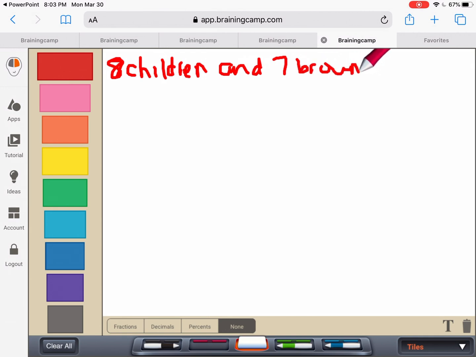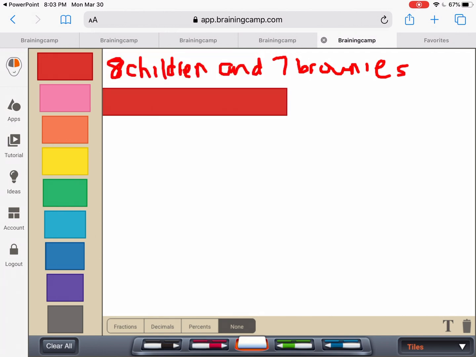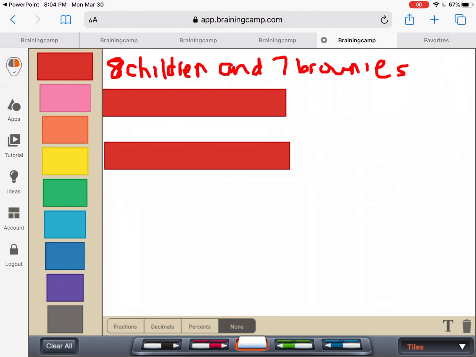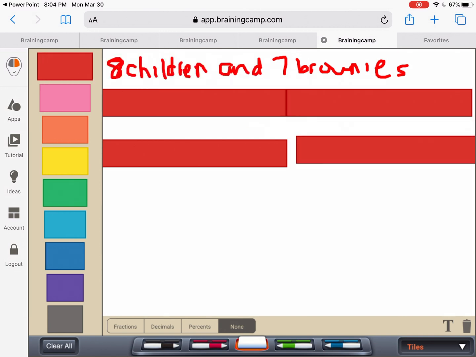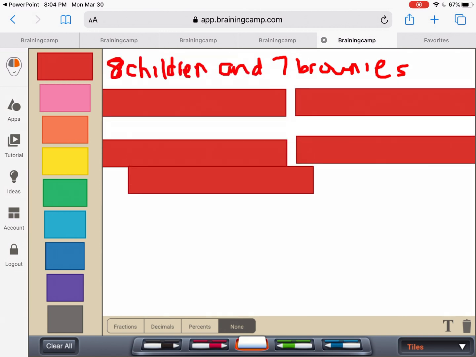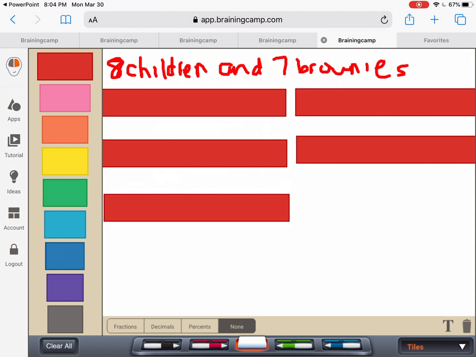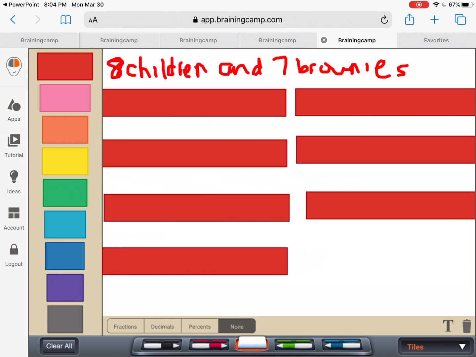Here we go. Okay. So this time, 7 brownies. So we may have to put a brownie over here. A brownie over here. A brownie right here. There we go. And there's our 7 brownies.